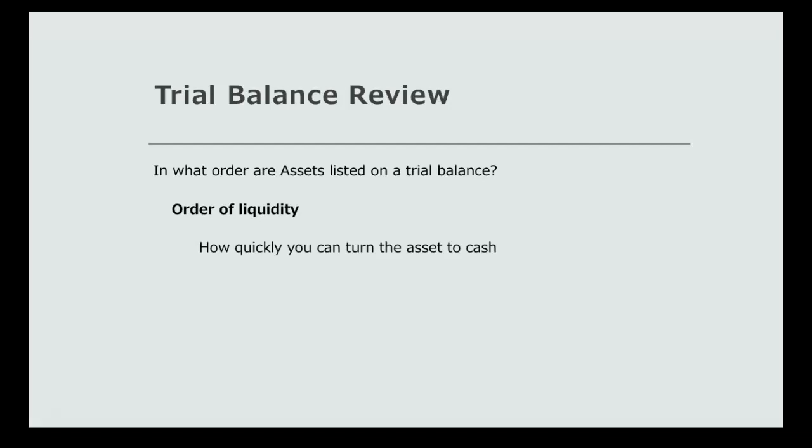Cash is always first, and after cash you normally see accounts receivable pop up. It's how quickly we can turn that asset back into cash. So knowing the order of liquidity will be important for both a balance sheet and when we're preparing a trial balance.